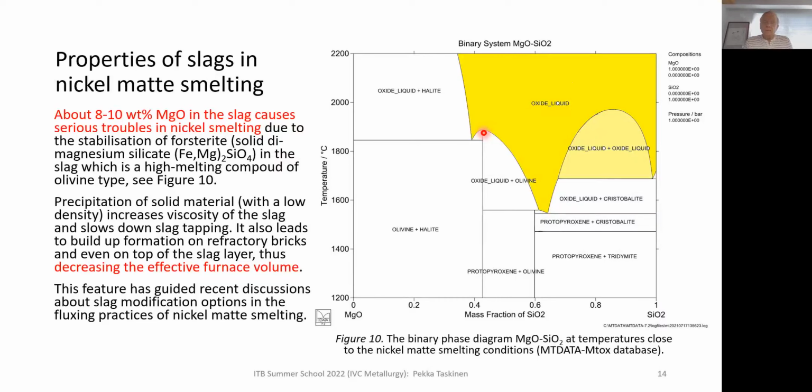There are two phases, molten and solid phase, that will increase the viscosity of the slag.